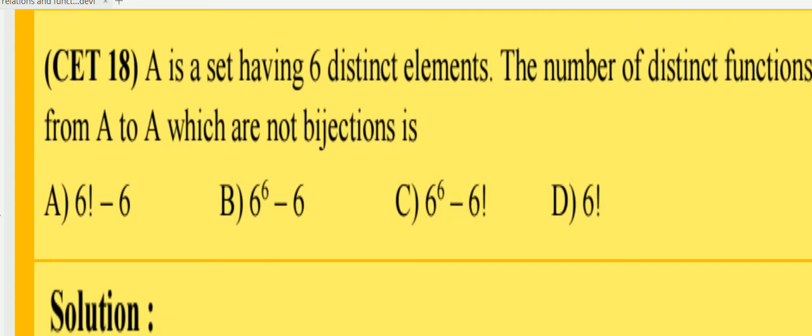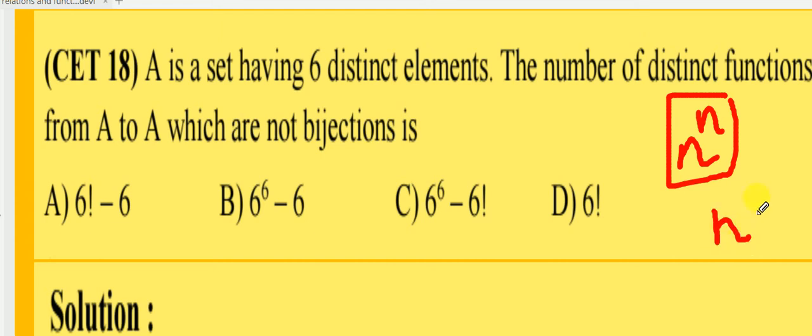So you can note this. The number of functions from set A to set A containing n elements is given by n to the power of n. And the number of bijective functions from set A to set A is given by n factorial.